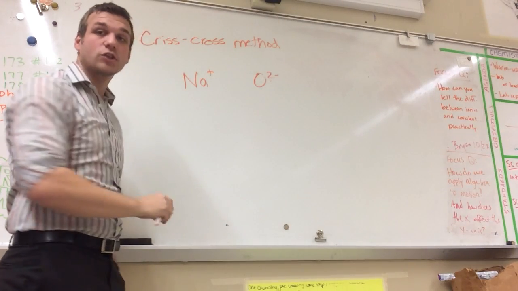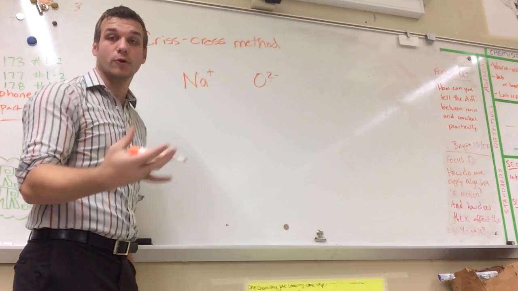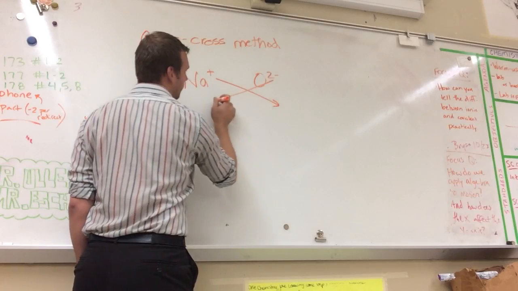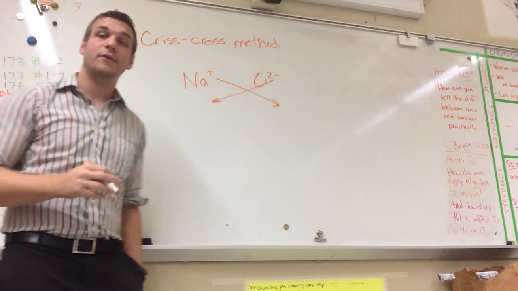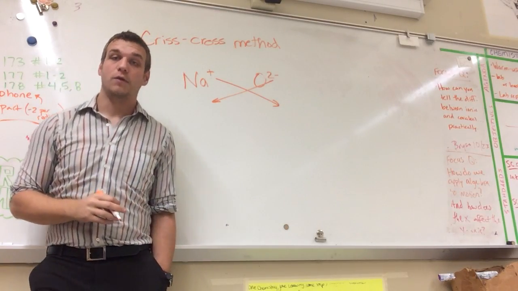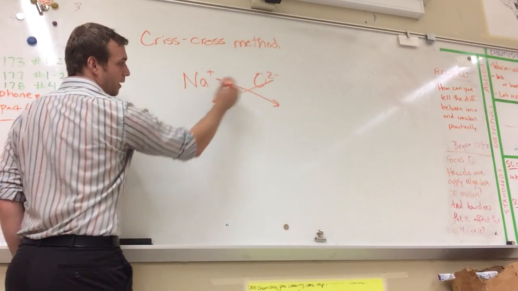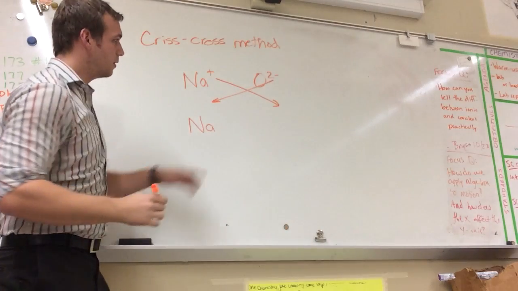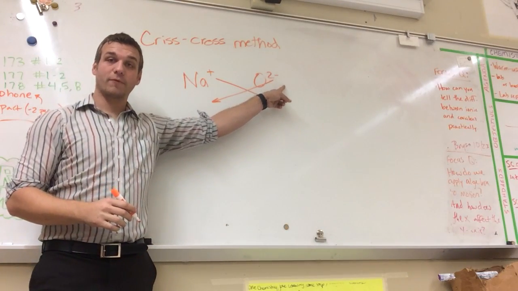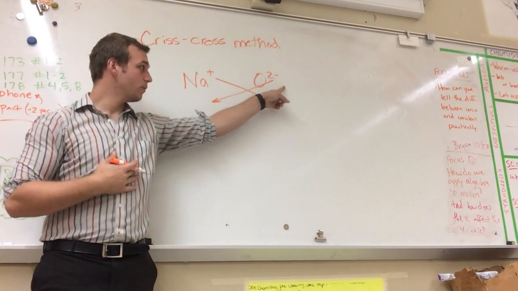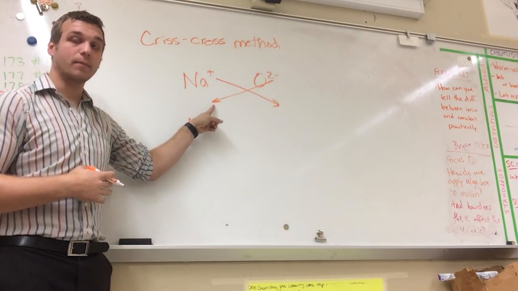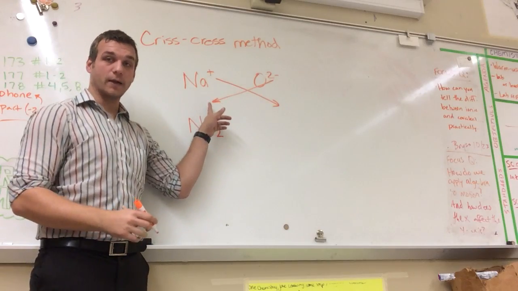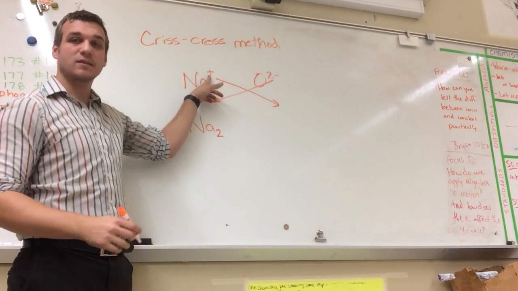Those are the superscripts. Let me show you what the subscripts are here in a minute. So, these charges, the numbers in front of the charges, go to the bottom of the other atom. So if you'll notice, we just write Na and O. Na, the 2 coming from the top of oxygen will go to the bottom of the other atom. So Na2, 2 goes to the bottom, and then this is a 1+.